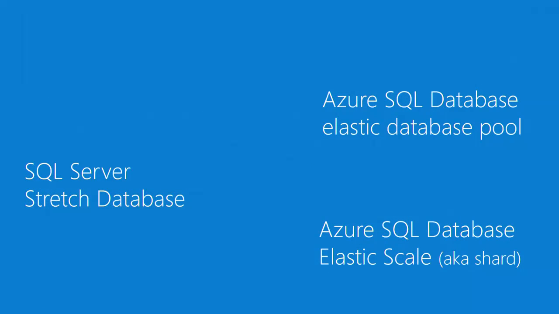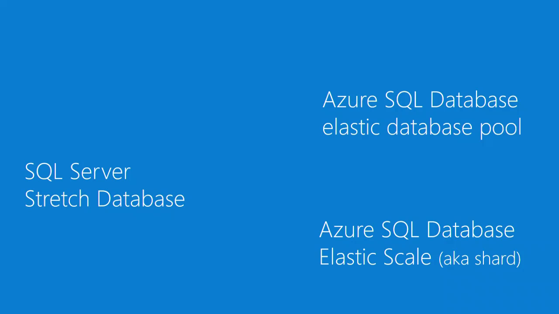So first off, just positioning what these three things are and what their full names are, so when you're doing searches you can actually find them. First off, we've got SQL Server Stretch Database. This is an offering that's primarily targeting your local boxed version of SQL Server. It does use Azure, but it's really targeting the problems you have in your local data.